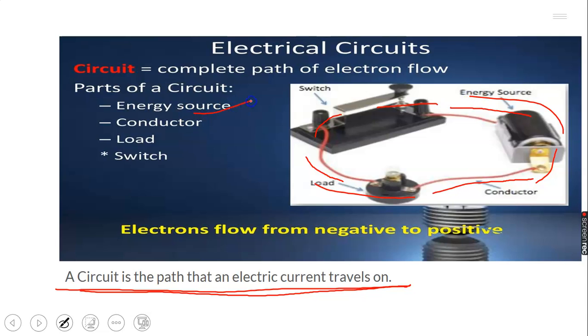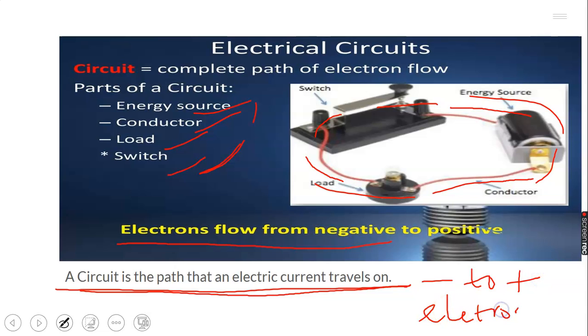So we have the energy source, the conductor, the load, and the switch comprising the circuit. And don't forget that electrons flow from negative to positive. That's how electrons flow, from negative to positive. So a circuit is a path that an electric current travels on.